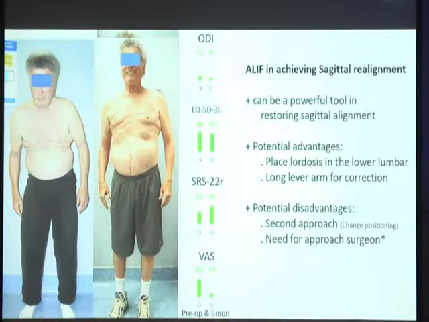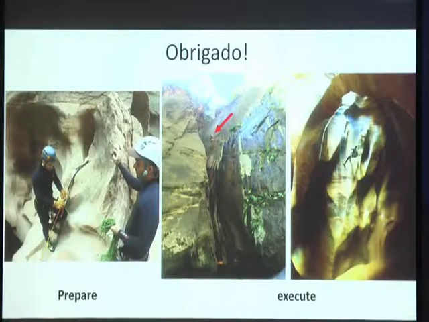I use an approach surgeon, so I need a second surgeon to perform this surgery, and there can be complications related to the approach, such as the very small reported rate of retrograde ejaculation and other vascular issues if your approach surgeon is not very experienced in that kind of thing.